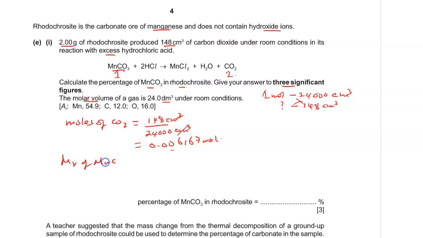of manganese carbonate. MR of manganese carbonate is 114.9. You add 54.9 plus 12 plus 16 times 3, you get this. Therefore, that's the moles.